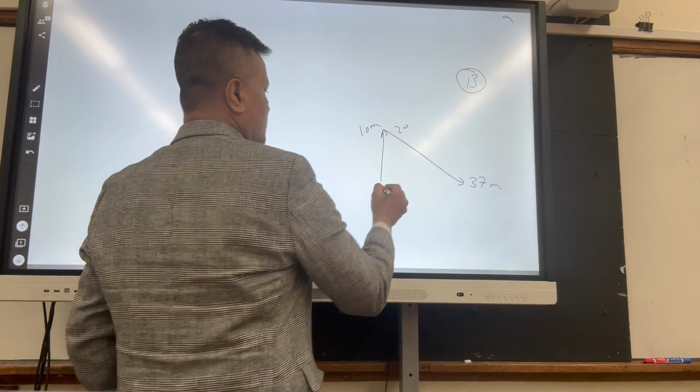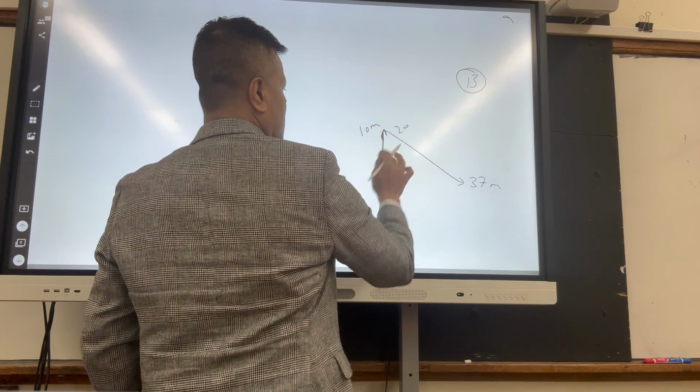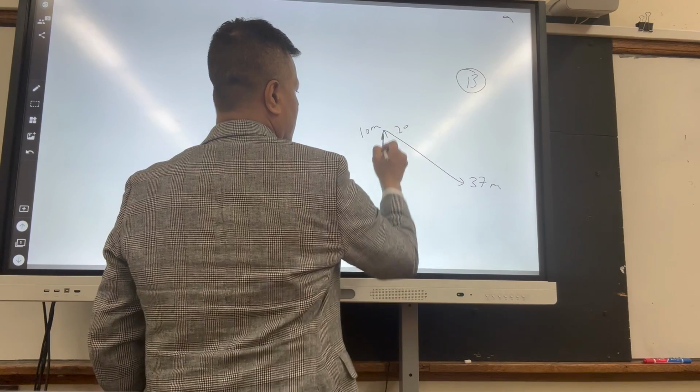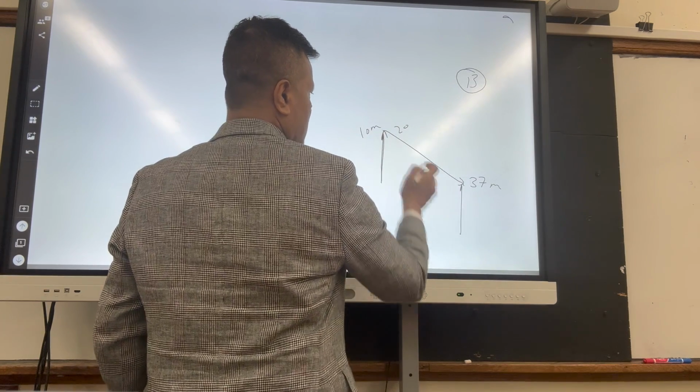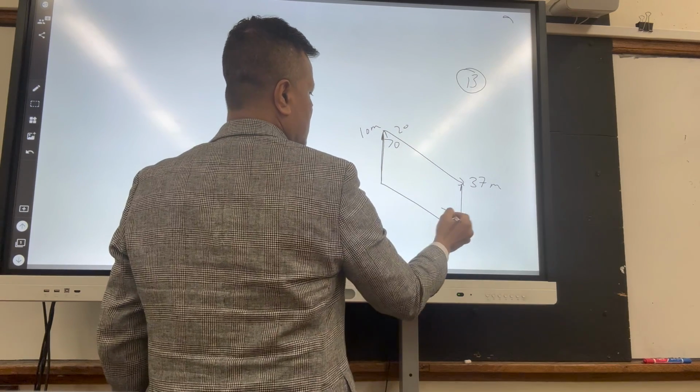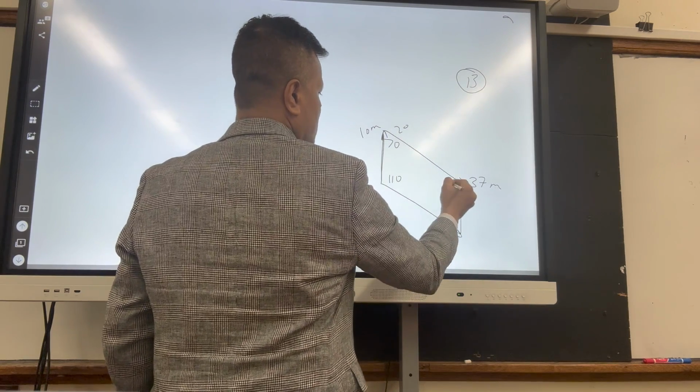So now you have to draw a parallelogram, so you put it over here. Try again. Okay, so this is 70, this is 110, this is 110.